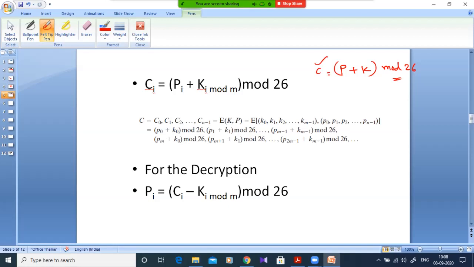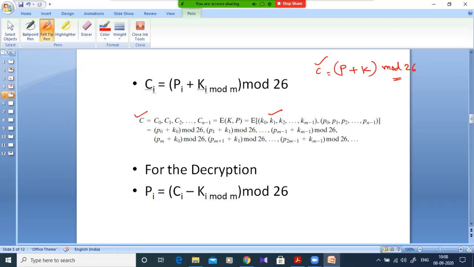Always see here, plain text characters, suppose N. This N is always greater than M, because the message may be very lengthy.